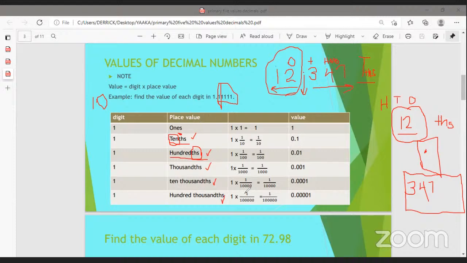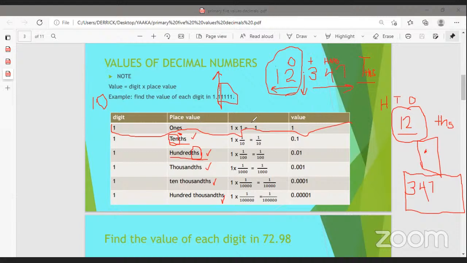Then after knowing this, for the value of a given digit, the whole numbers, this one here is representing the whole numbers. This is the first digit before the decimal point. That one is for the whole numbers. Now from here, this one here is the first digit after the decimal point, and its place value is tenths.